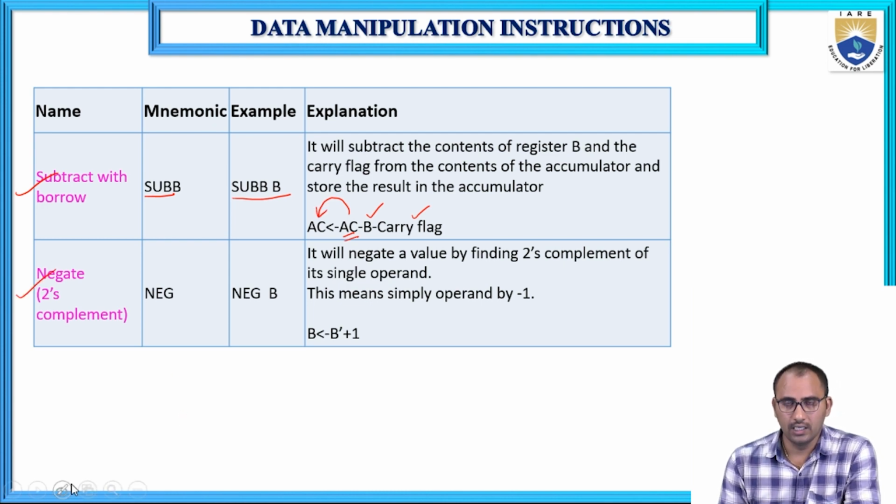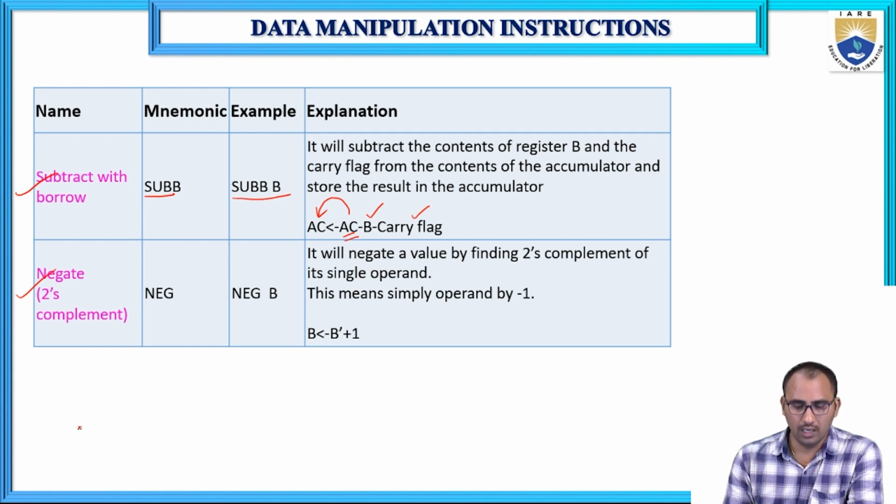Next, negate. Negate performs the 2's complement operation. It is represented with the mnemonic NEG. Example, NEG B. It performs the 2's complement operation on the data stored in the B register. So how can we perform the 2's complement?